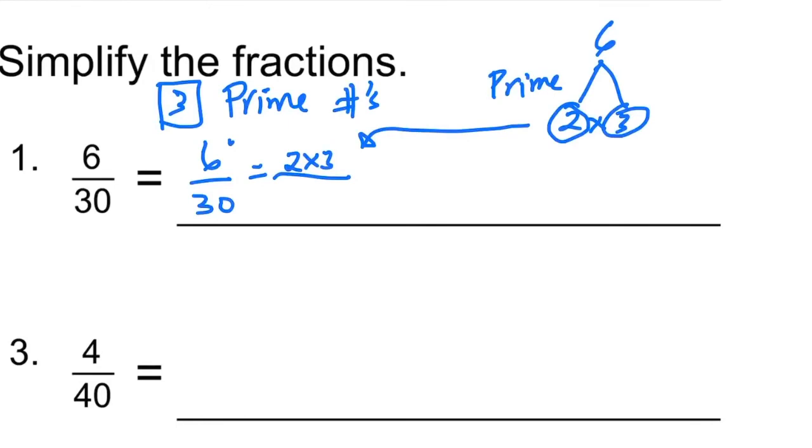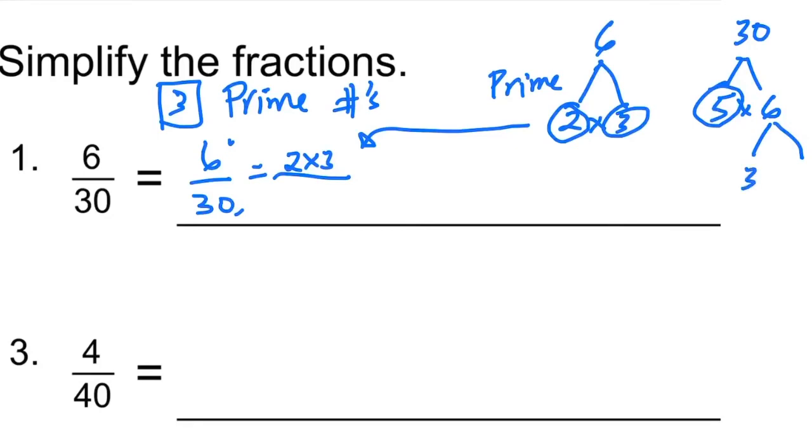Now let's look at the denominator, 30. I will do the same thing. I could think of factors, but the first thing I'm thinking about is 5 times 6. 5 is a prime factor, although 6 is not, so I need to break down that composite number into prime numbers.